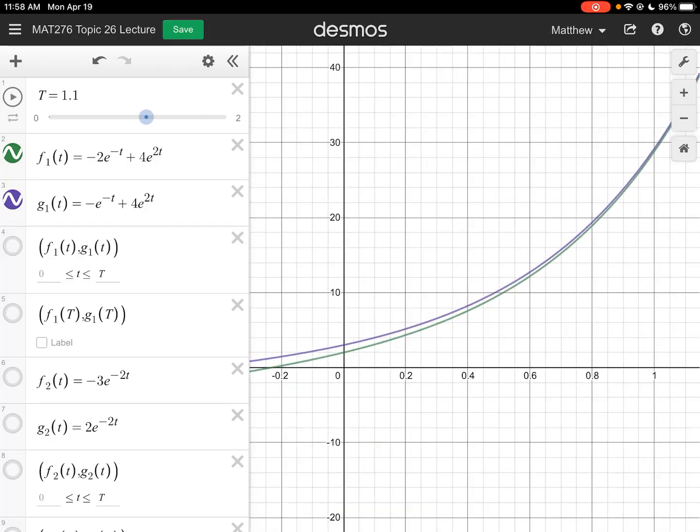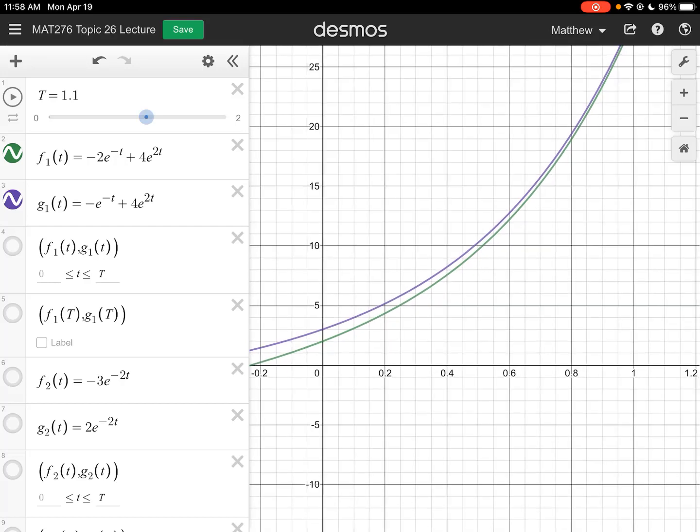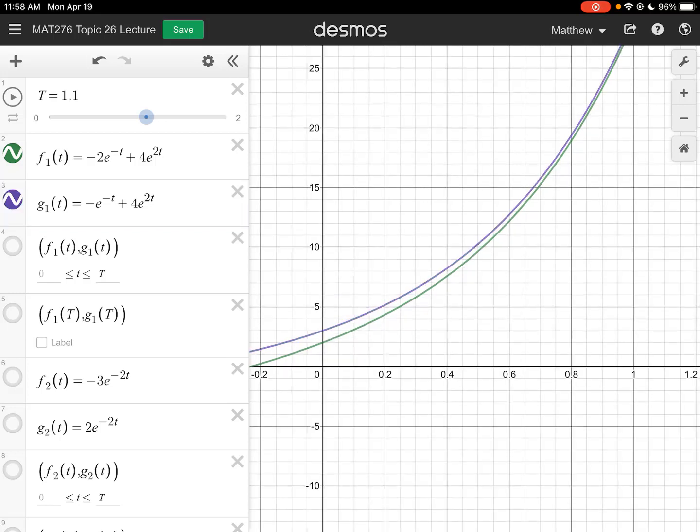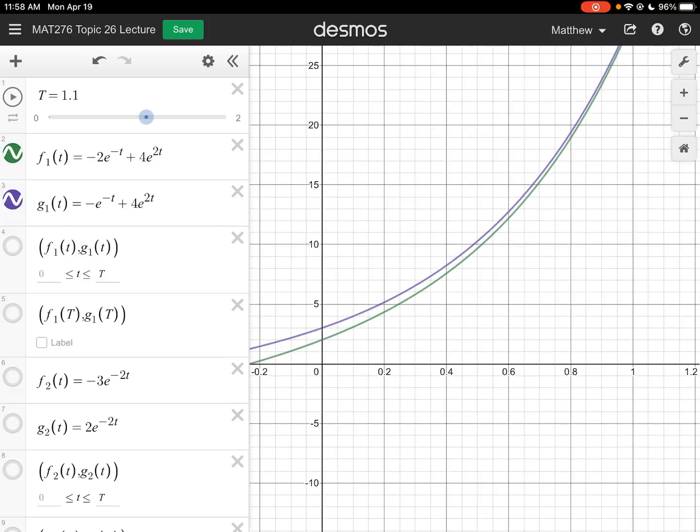And if we can zoom in a little bit more, we can get a sense for how they're different. Notice their initial values, 2 and 3. So the purple represents the y coordinate as a function of t, and the green is the x coordinate as a function of t.